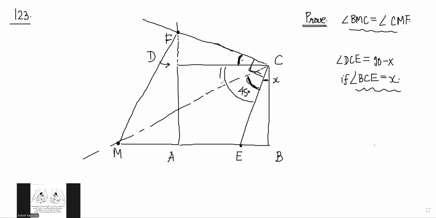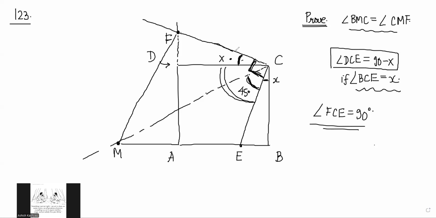We just now called it that. So obviously, how much is this now? The whole angle was 90, no? Because angle FCE is 90. So if BCE is X, DCE becomes 90 minus X, and FCD becomes X, right? Is it clear? Yes, sir.